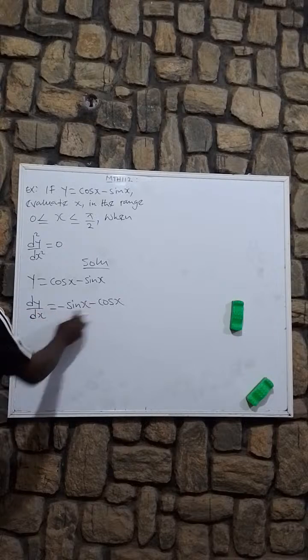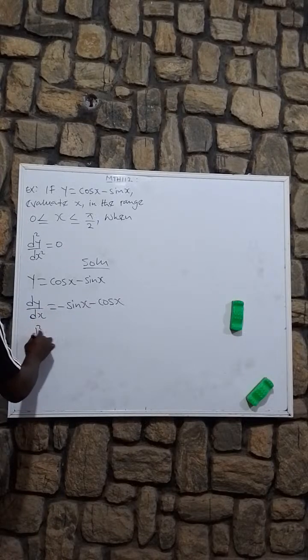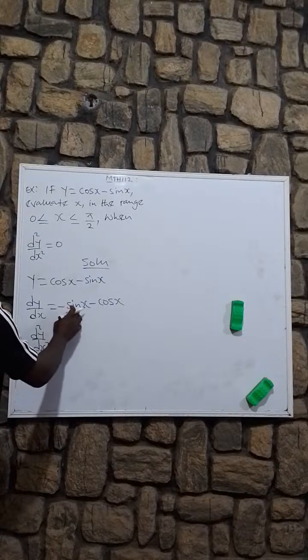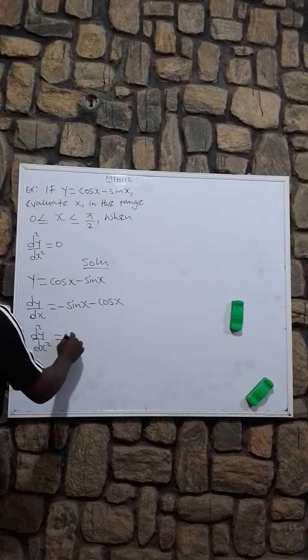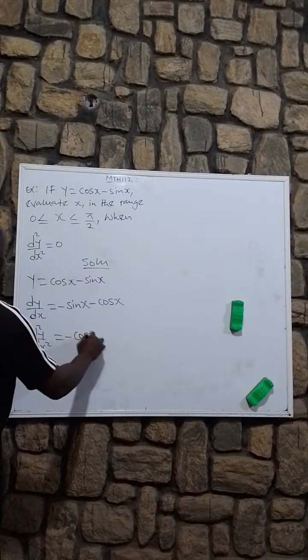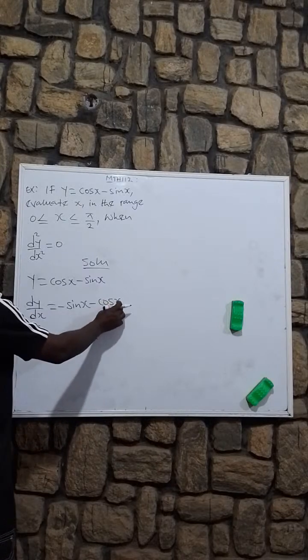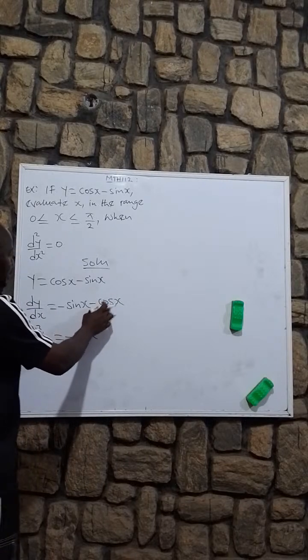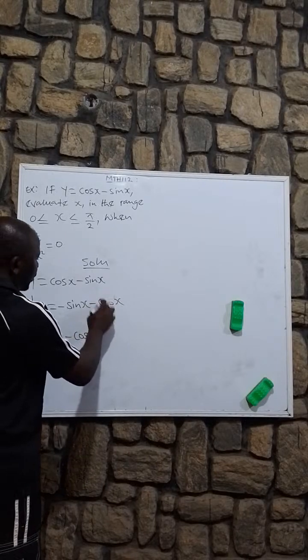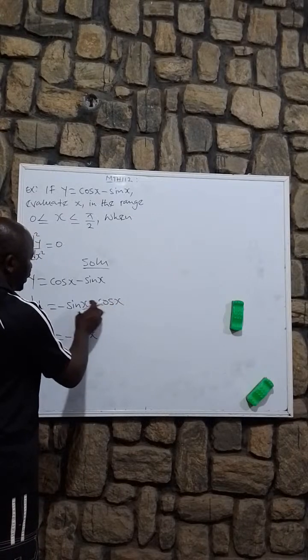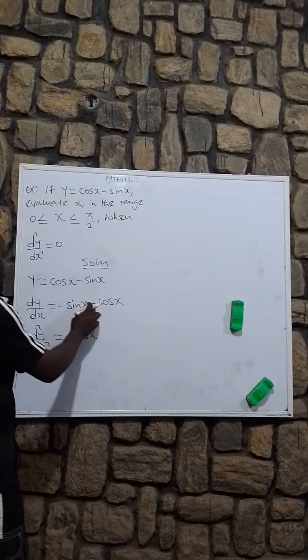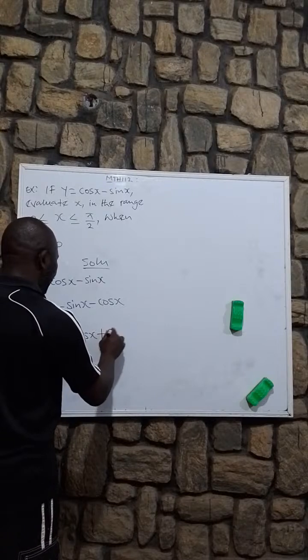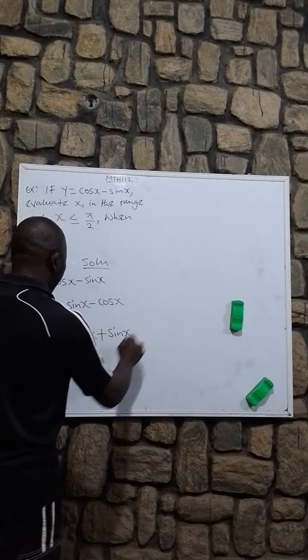So we differentiate d square y all over dx square. If you differentiate cos x, you have minus sin x. Now, if you differentiate sin x, you are going to have cos x, with the minus here, so you are going to have minus cos x.